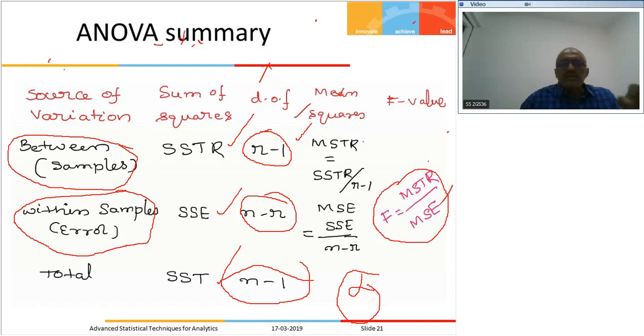In this case, there is no left tail, right tail kind of test for this distribution. So always we compare whether the calculated value is less than the tabulated value or greater than it. Depending on that, we take the decision with respect to the null hypothesis we have. This is how the ANOVA calculations need to be done.